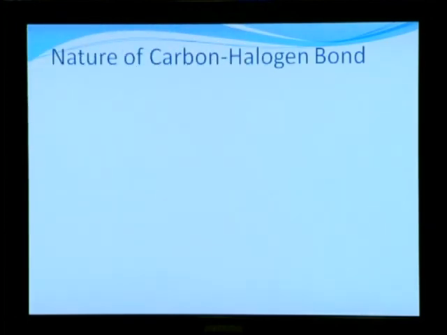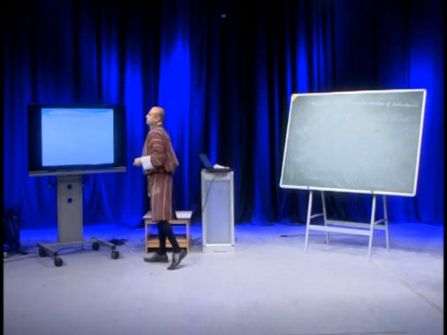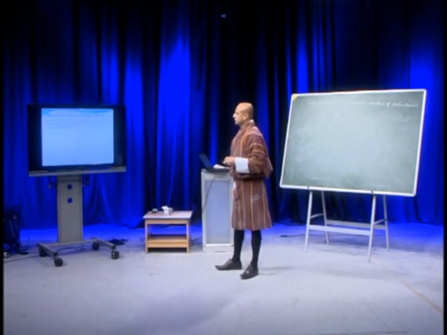Now, the most interesting thing about haloalkanes is the nature of the bond that's present between the carbon and halogen atom. In haloalkanes, the carbon-halogen bond is covalent in nature with some polar character due to the difference in electronegativity of carbon and halogen atoms.